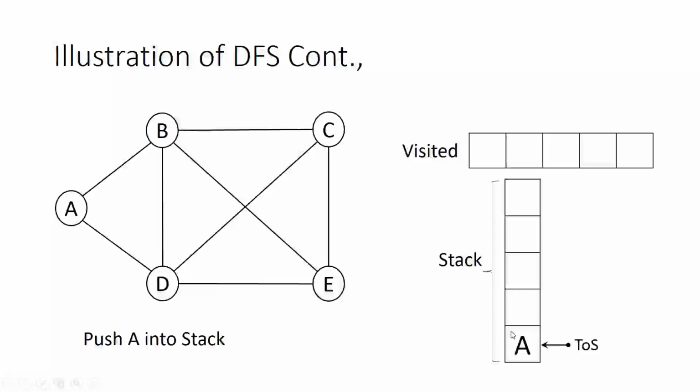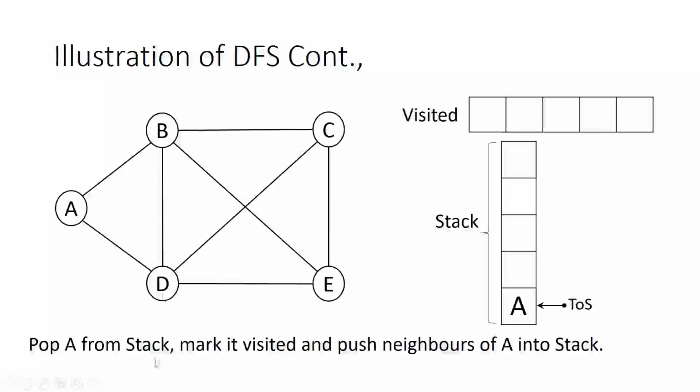We push A into the stack, and A is pointed to by the top of the stack. Now we have to delete the element from the top of the stack, push it to the visited array, and push the corresponding neighbors into the stack. So from the stack pop A, mark it visited, and push neighbors of A into the stack.